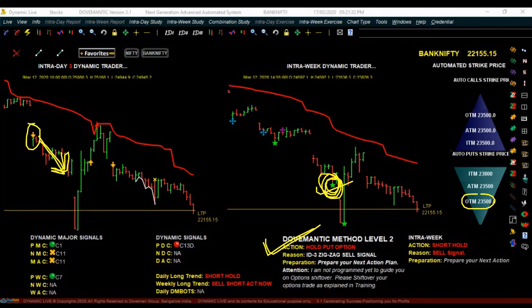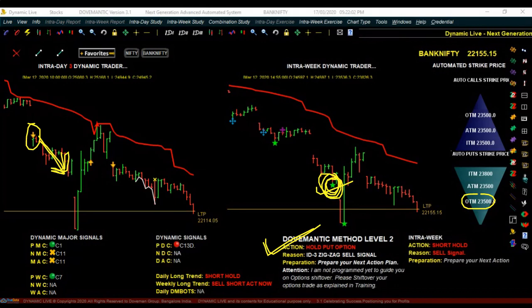Out of 600 points, 150 points I'm reinvesting and buying a new put option. The Domantic method is telling me hold put option, so yes, I have a put option now. Only thing, I shifted from one strike price to another. But now I have bought it at only 150 rupees. So out of 600, 150 is reinvested. Remaining 450 is secured, isn't it?